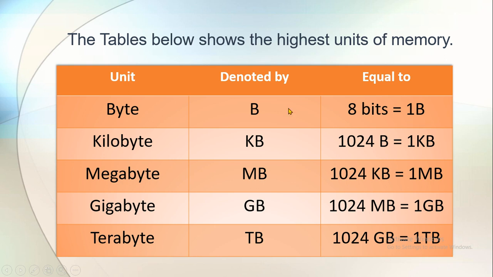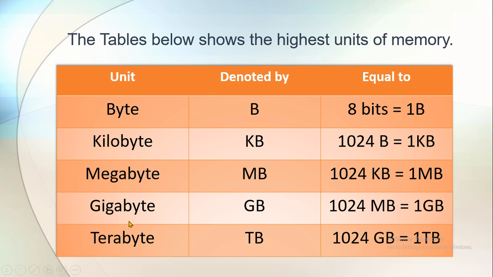Now, kilobyte capacity is more than byte. 1024 bytes make 1 kilobyte, means 1024 bytes is equal to 1 KB, and KB is denoted by capital K and B. Now comes megabyte. Megabyte is denoted by capital MB, and 1024 KB is equal to 1 MB, means 1024 kilobytes is equal to 1 megabyte.